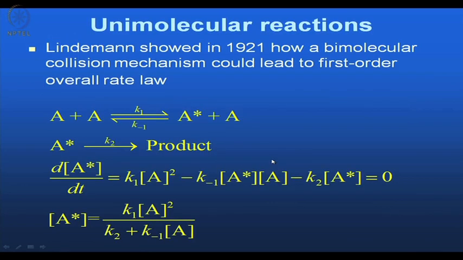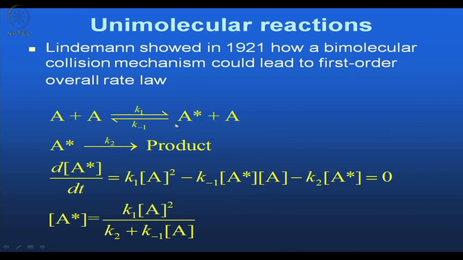Then we talked about the unimolecular mechanism, that was shown by Lindemann in 1921, that A plus A gives rise to A star plus A. This A star is an excited species, and excited means maybe different in energy state, maybe a little higher in energy compared to the starting material.